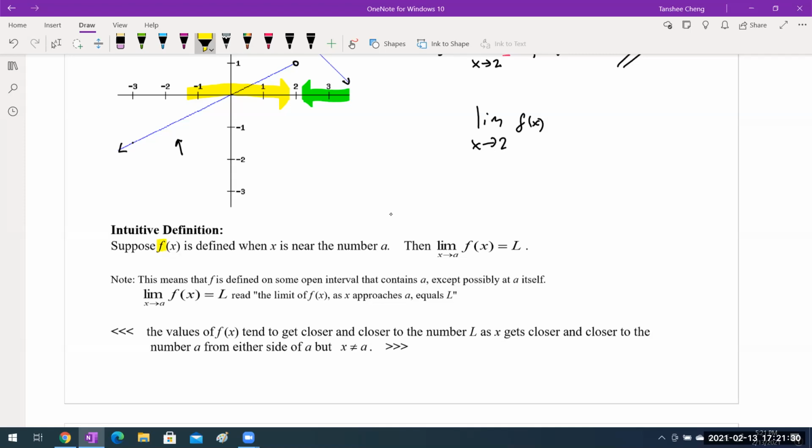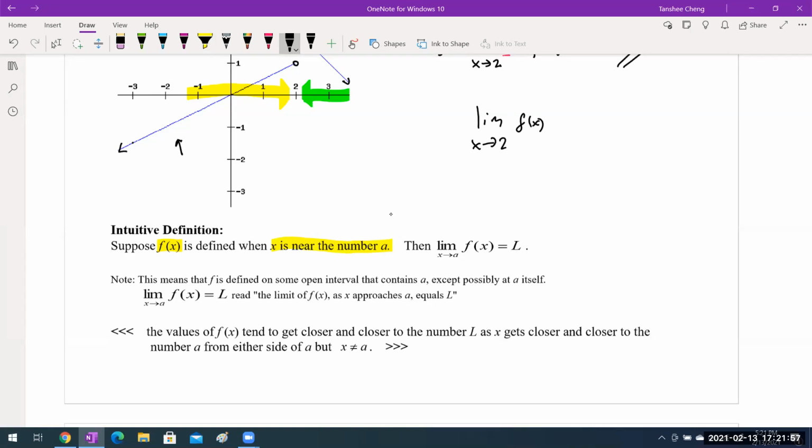Suppose that f of x is defined when x is near the number a. Okay. So what do I mean? What does it mean by the function is defined when x is near a? That's basically talking about what? The function is defined on every x value except possibly at a itself.